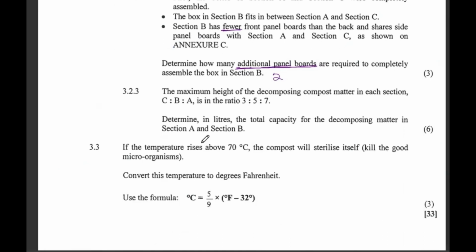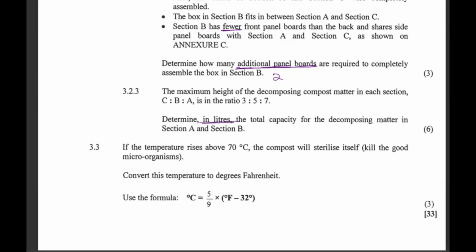The maximum height of the composting matter in each section, C to B to A, is in the ratio of 3:5:7. Determine in liters the total capacity of the decomposing matter in section A and section B. We're looking at liters.